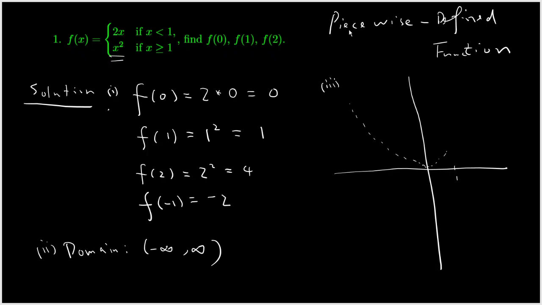Now to the right of 1, it's going to be solid. The solid part is going to be part of the graph of the function f of x. So do you know what I mean? That's the portion to the right of 1.